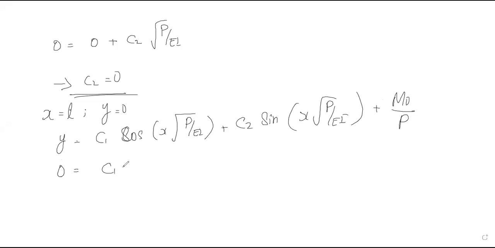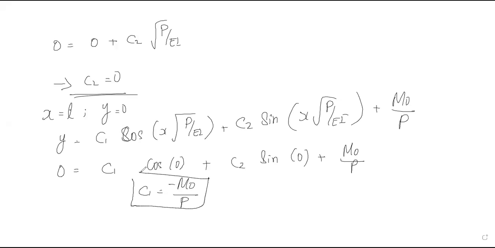So 0 is C1 into cos 0 plus C2 into sin 0 plus m naught by P. So if I am going to substitute this also, I can get the same equation. Okay, C1 becomes minus m naught by P.